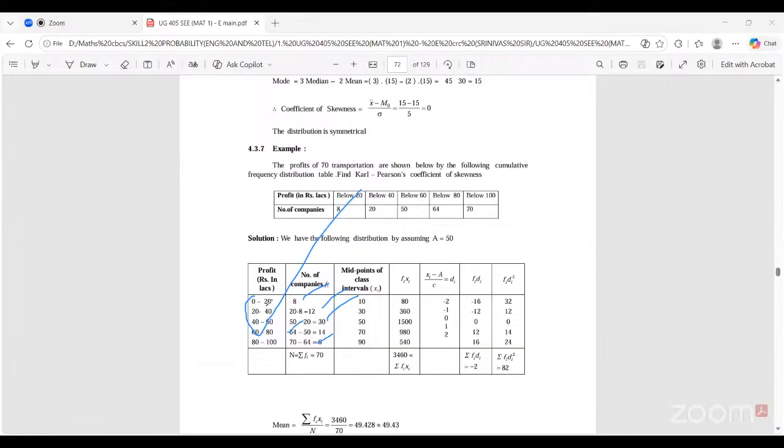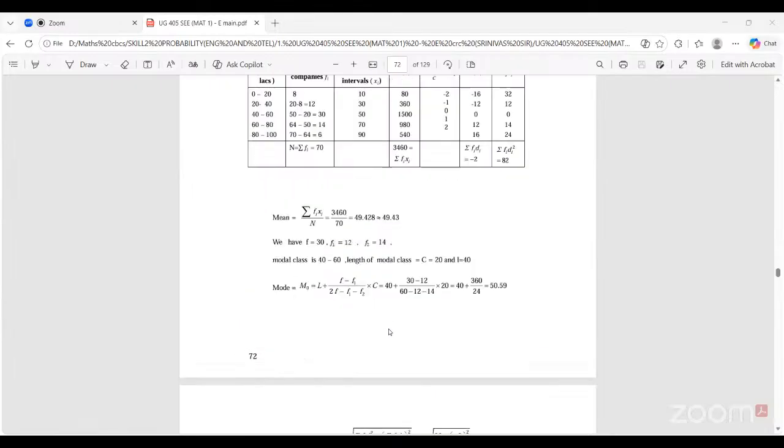The midpoints are 10, 30, 50, 70, 90. Now we multiply f and x. Summation of fx by n is 3460 by 70, so the mean is 49.43.